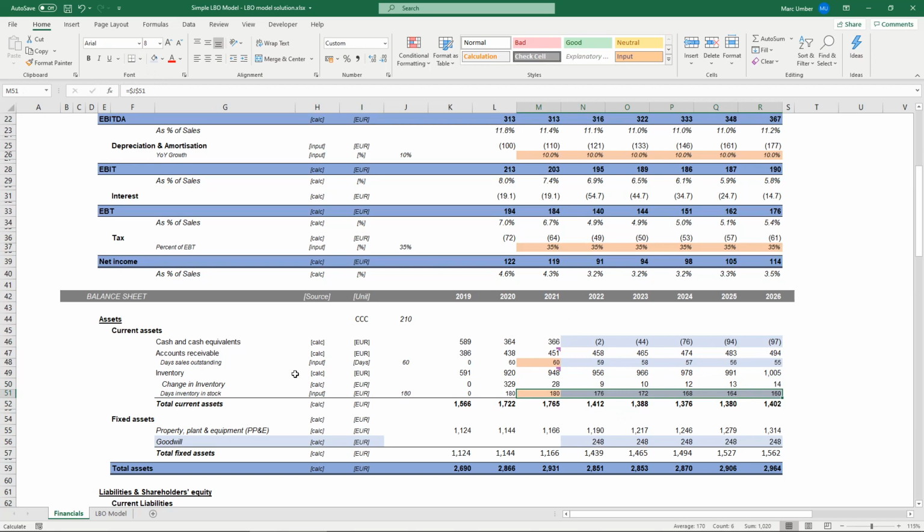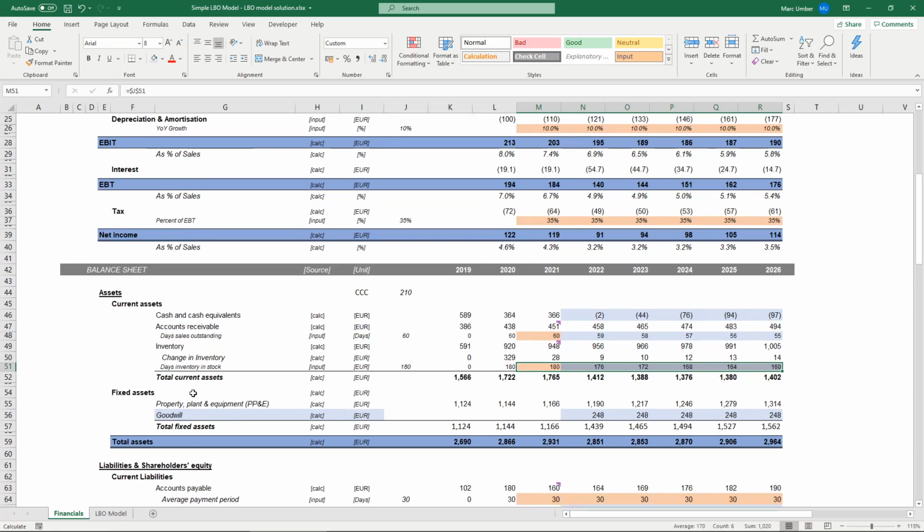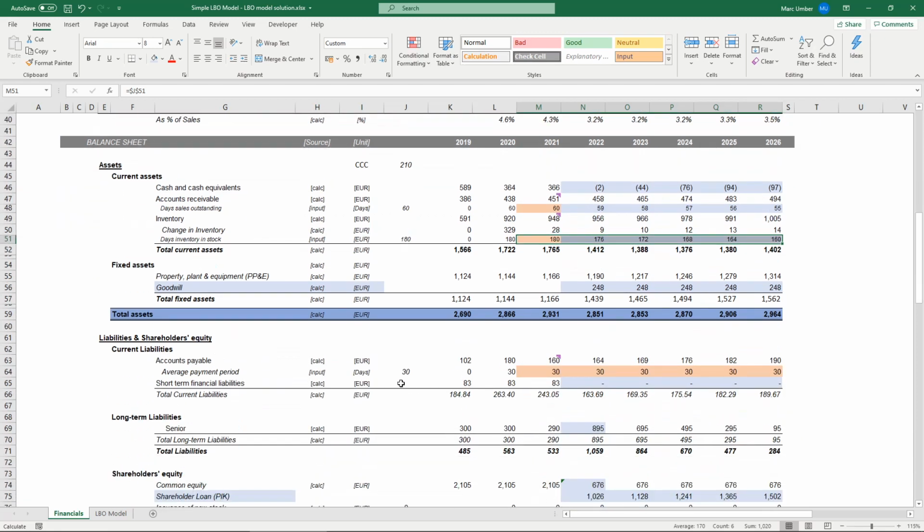Now finally we have the days sales outstanding, the days sales in inventory. If we could increase the average payment period by 10 days with a target of 40 days of payment period, we can use the formula, copy paste, and have an increase of 30 to 40.